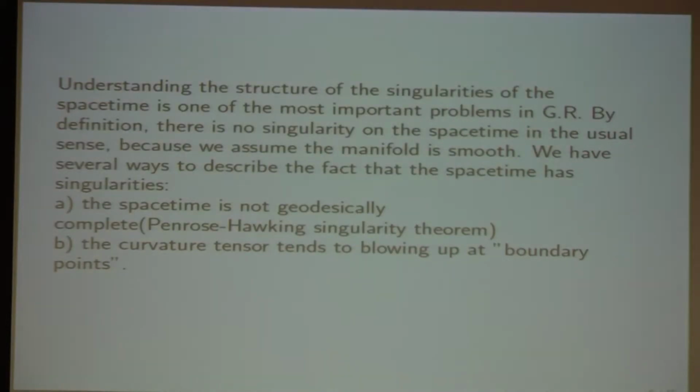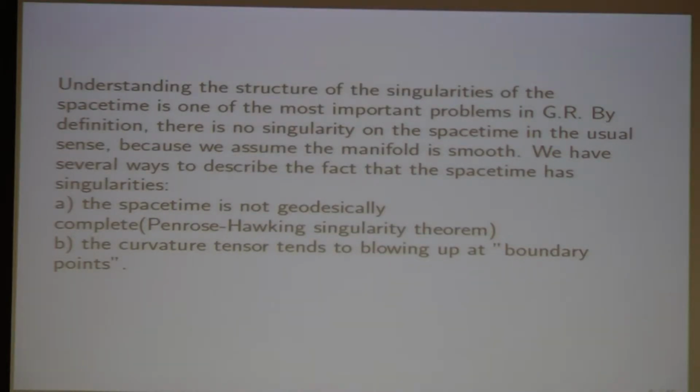So here I make a few remarks. Understanding the structure of singularities of space-time is one of the most important problems in GR. But by definition, there is no singularity in the space-time in the usual sense, because we assume the manifold is smooth. But we have several ways to say the space-time has singularities.